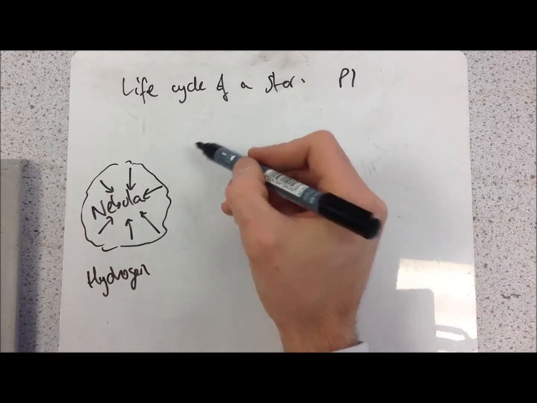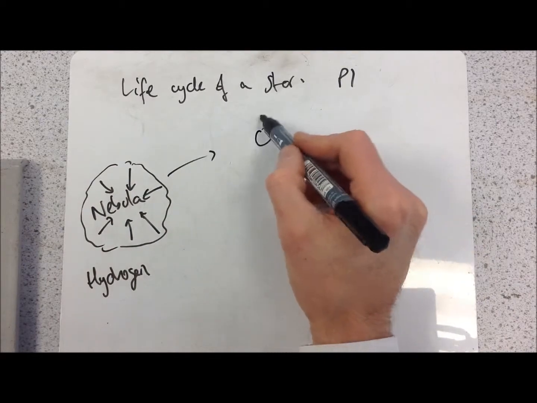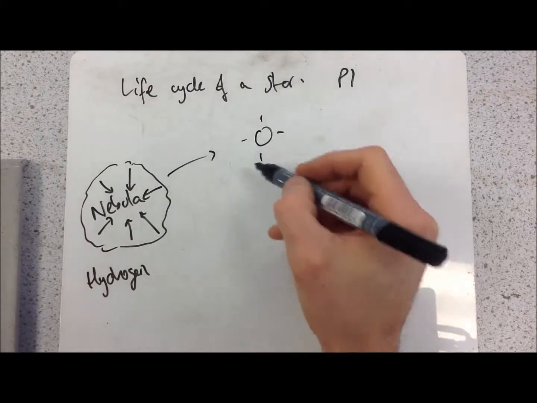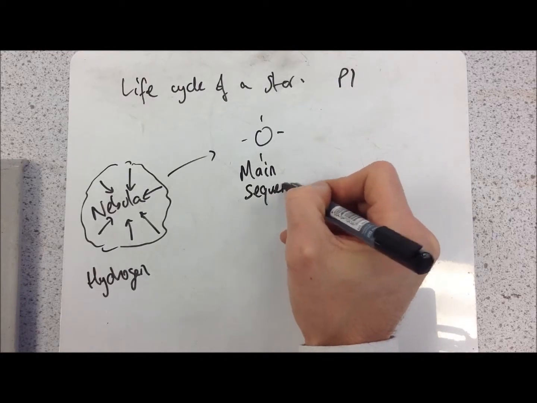That's called nuclear fusion. We end up with something we would recognise as a star in the sky, like the sun. We say it's in its main sequence.